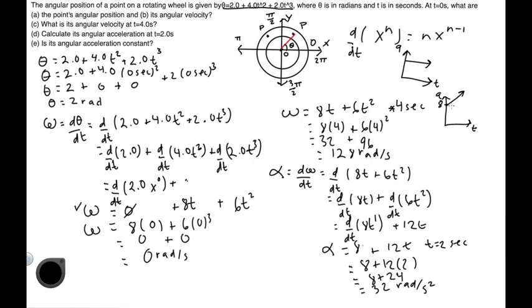So as time goes on, its acceleration, its output, is going to change accordingly. So for that reason, its acceleration is not going to be constant.